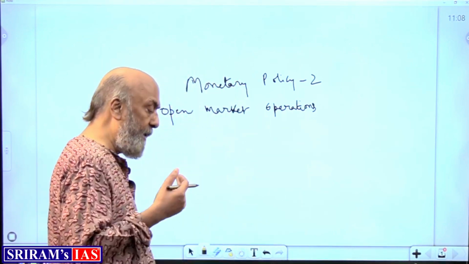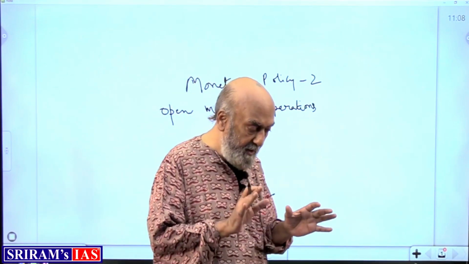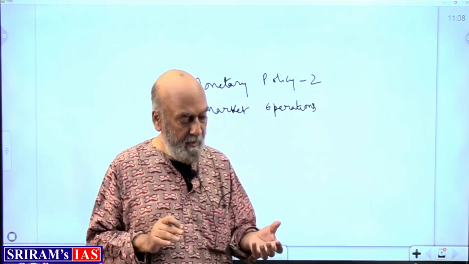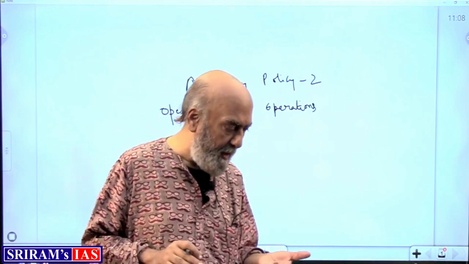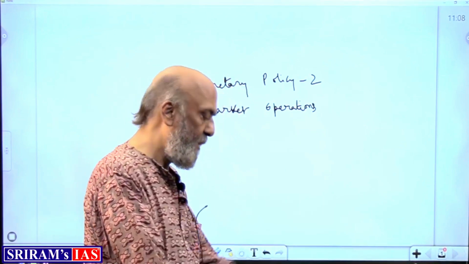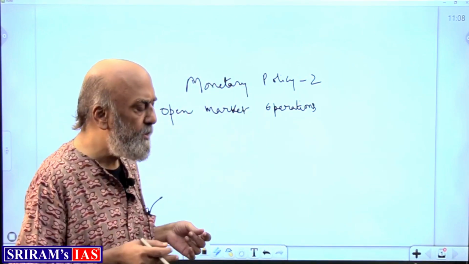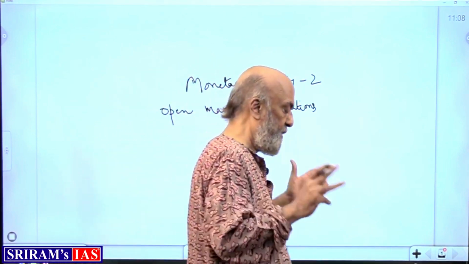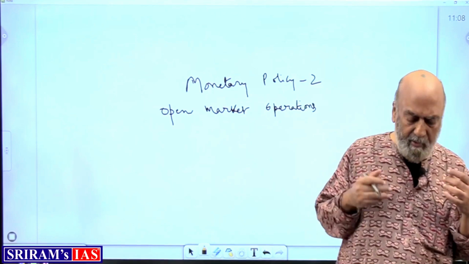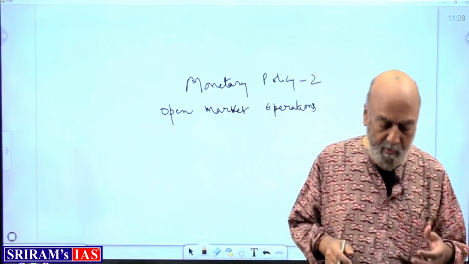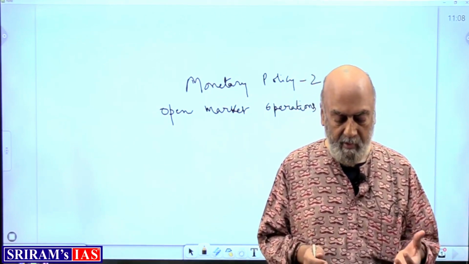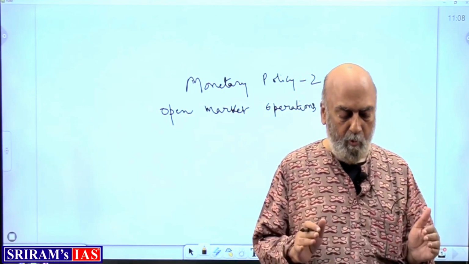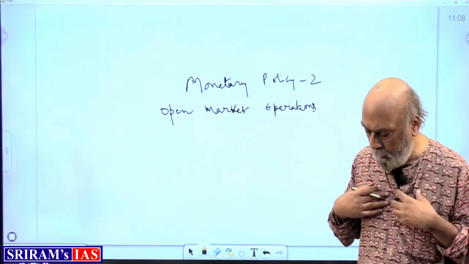When do I buy a government security? When there is shortage of liquidity in the market, I buy a government security, put cash, take the paper. So buying and selling of government securities by the RBI in order to manage the liquidity and all else is called the OMO.